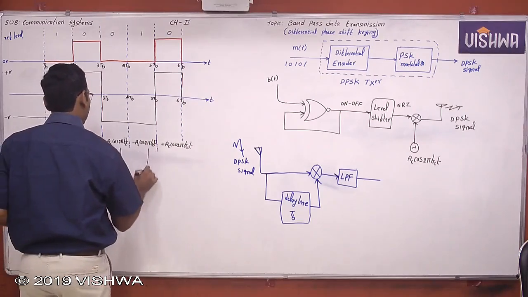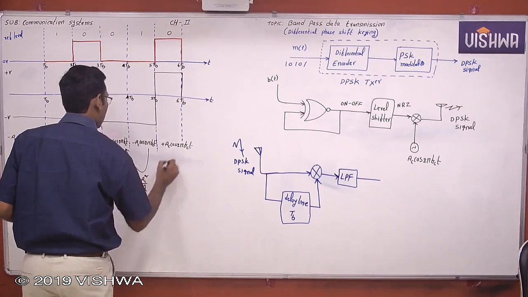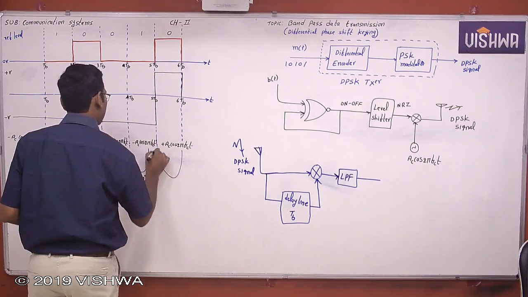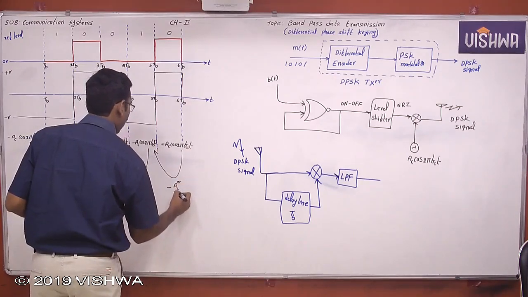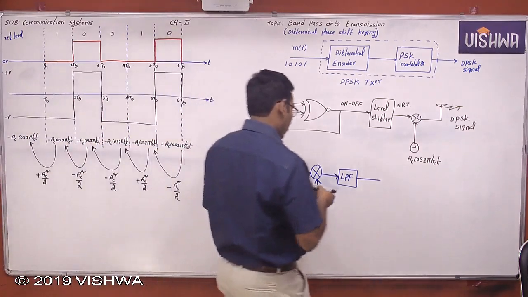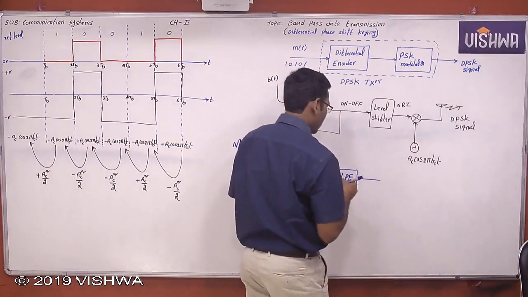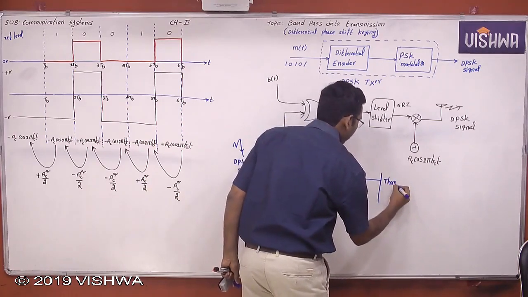Minus into minus, plus Ac square by 2. Plus into minus, minus Ac square by 2. And this is applied to a threshold comparator.